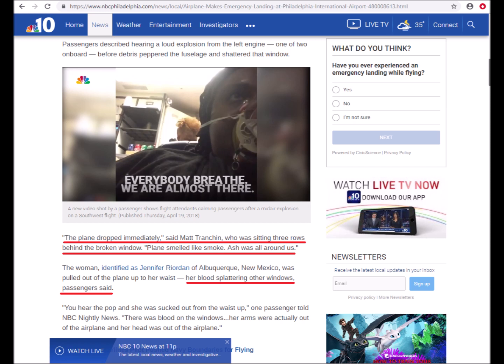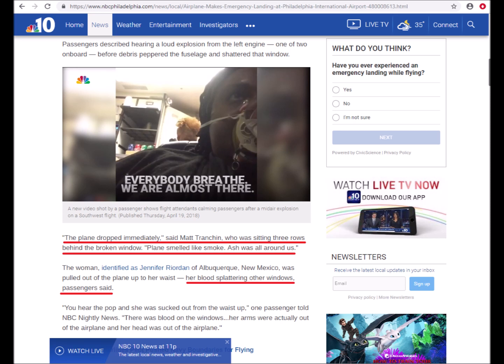But look, the person here, Matt Tranchen, sitting 3 rows behind, says, not the plane was cold, not there was cold air. He says the plane smelled like smoke. So the air from the outside is clearly coming in, because if you look at the engine, it looks like it blew up. So the plane must have been smoking tremendously.